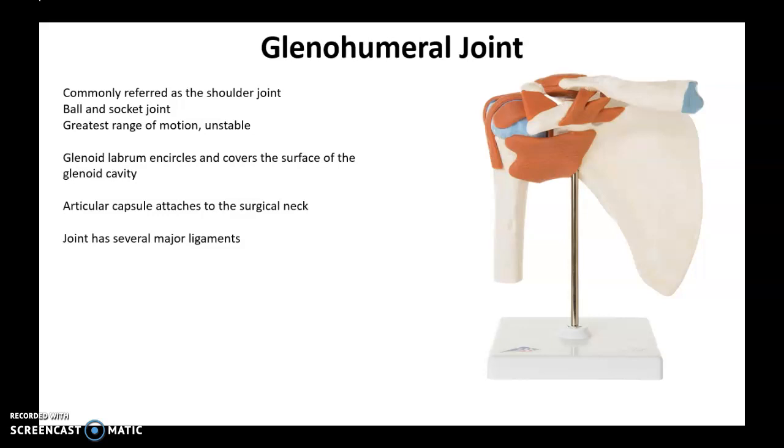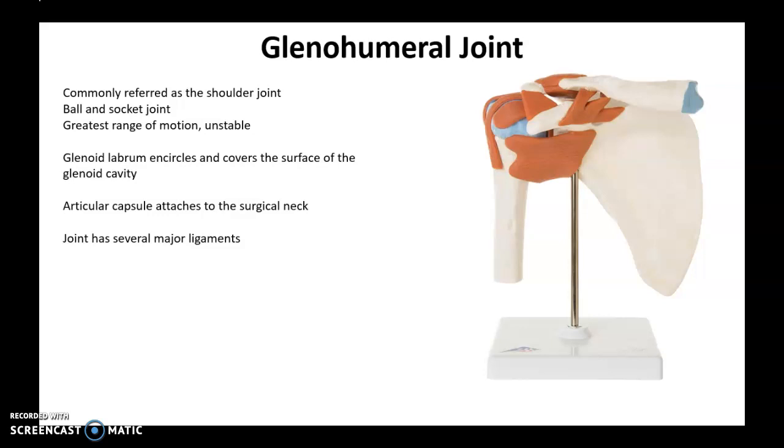So it's good to know, but know that you will not be tested on those two structures. Okay. A relatively loose articular capsule attaches to the surgical neck of the humerus.